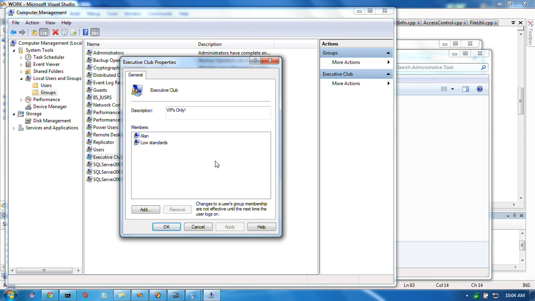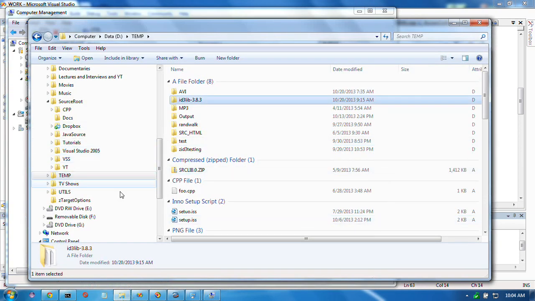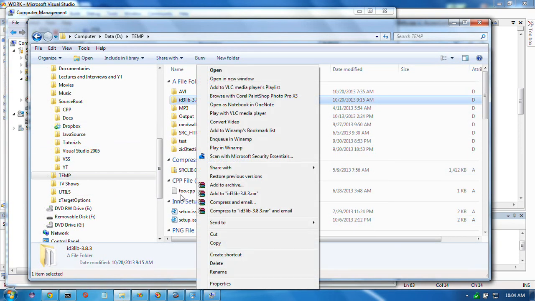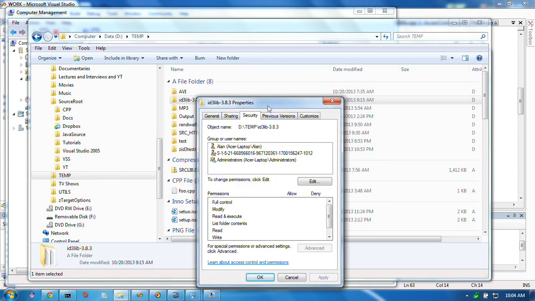But it didn't matter. It doesn't matter if I'm a member of the executive club or not, if I set this thing up correctly, which is what I finally figured out how to do.